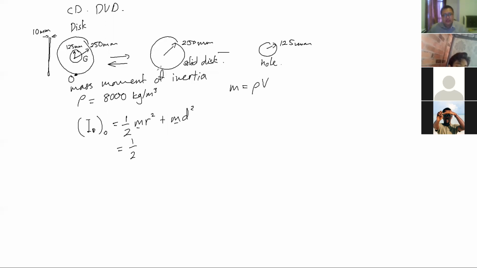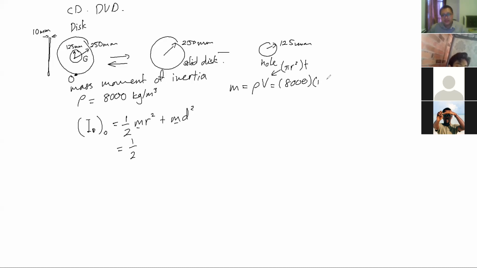This one, the whole thing, including the hole. So it is 8,000 times V, which is pi r square times the thickness.